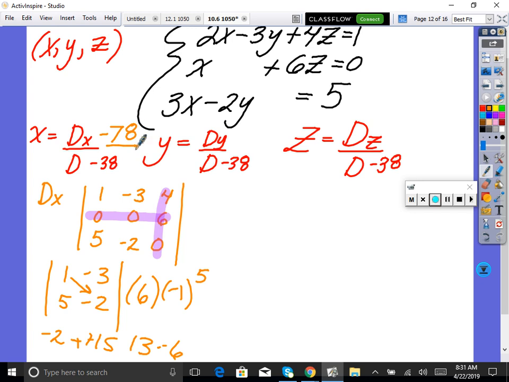Negative 78 divided by negative 38. Do they both divide by, you'd want your answer as fractions. So if it doesn't divide evenly, you'd start dividing it by hand. What is it? Cool. 39 over 19. There's your x.